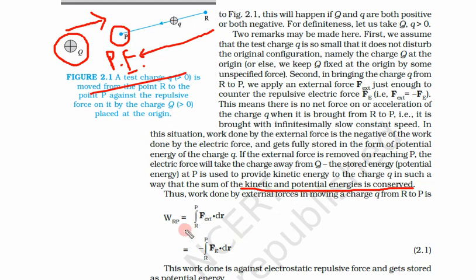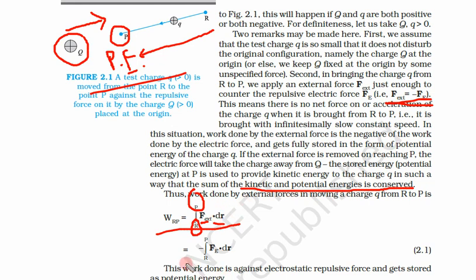So let us calculate the work done in moving this charge from R to P. Moving this charge from R to P, the work done is F external into a small distance dr. Somewhere here it is written that F external is equal and opposite to the electrostatic force.